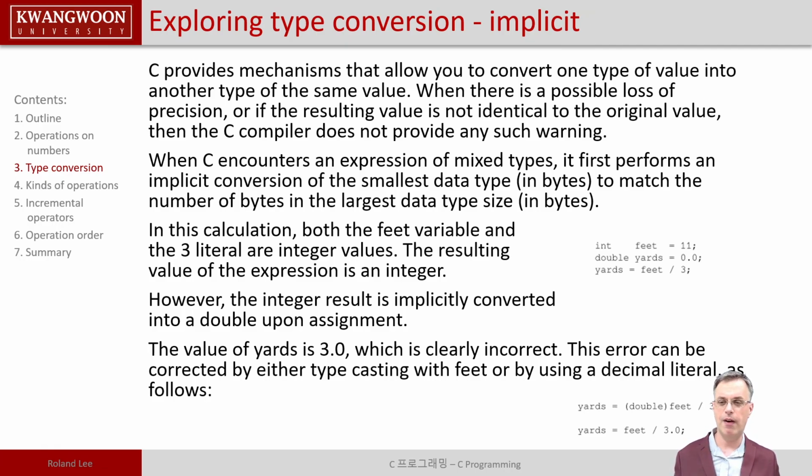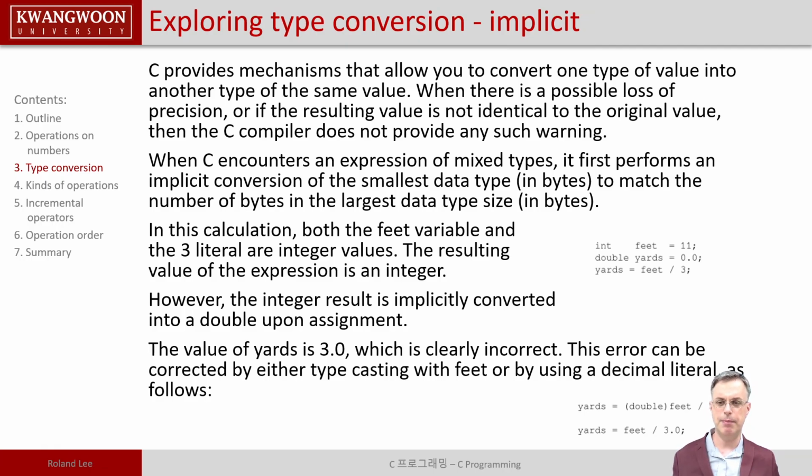This error can be corrected by either typecasting feet or by using a decimal literal as follows. So here you see, the first statement casts feet to a double and then performs the division. The result is double.